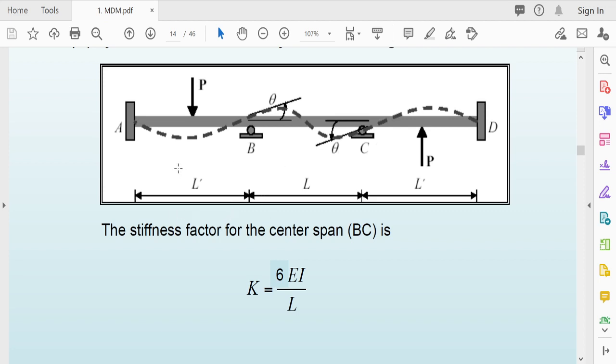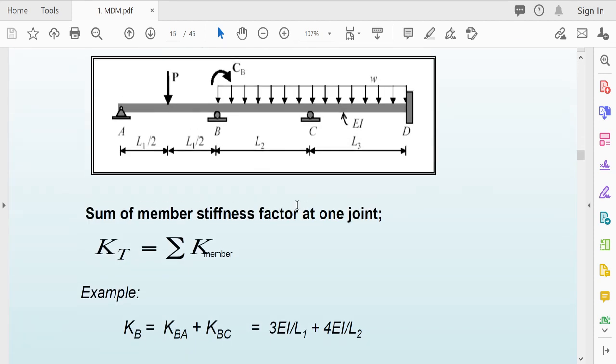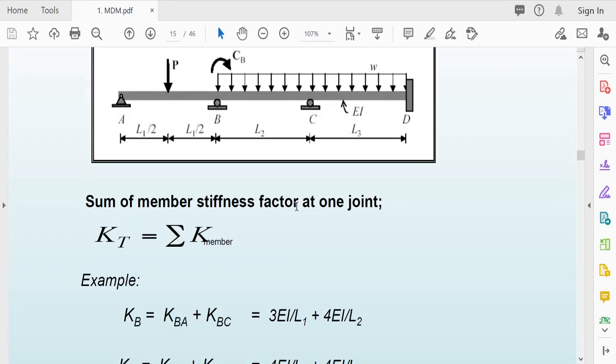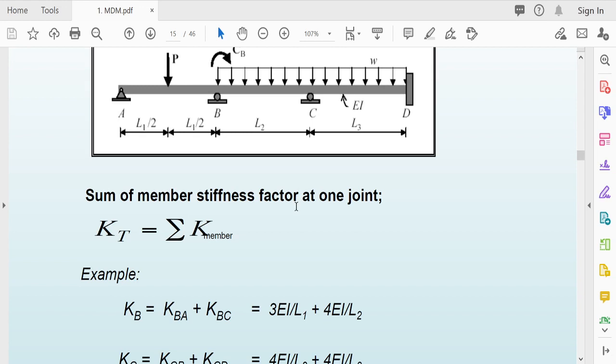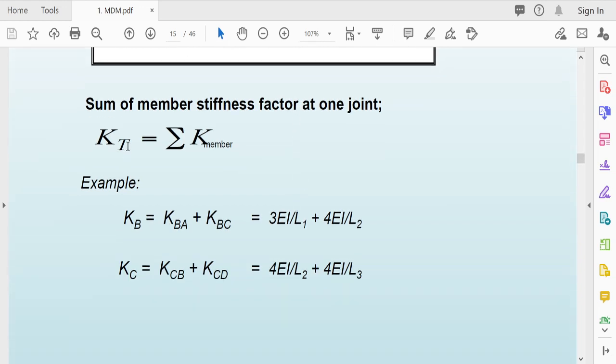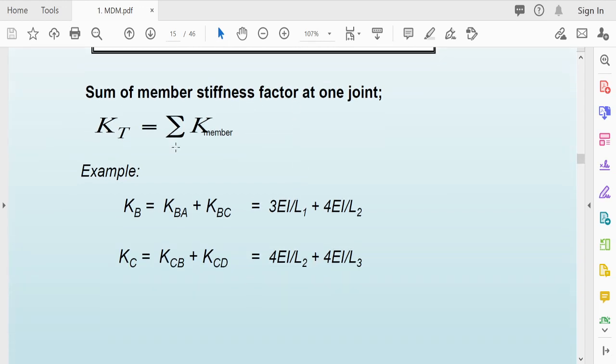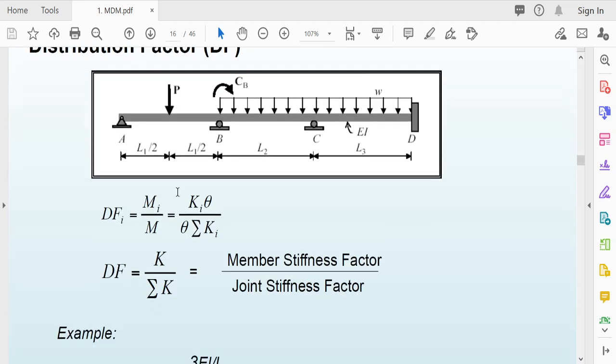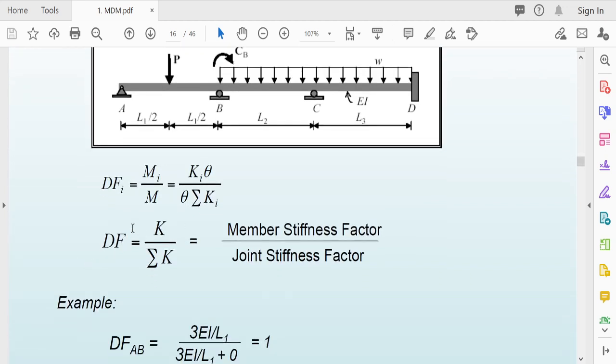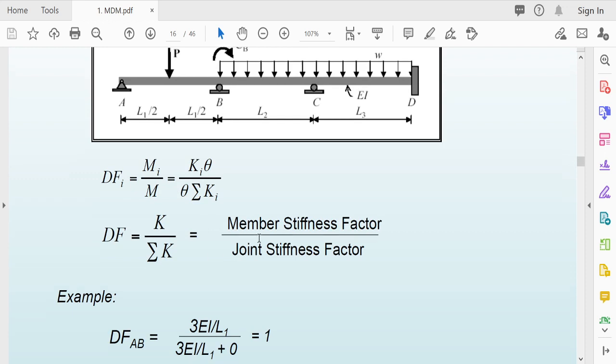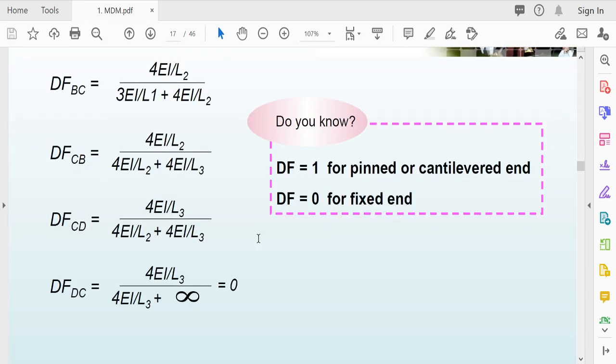Normally we can cover all analysis in beams using only the first 2 stiffness factor formulas. So in the analysis we don't use formula number 3 and formula number 4. This is the joint stiffness factor or total stiffness, and this is the distribution factor, where distribution factor is equal to K divided by total K. We have gone through this.